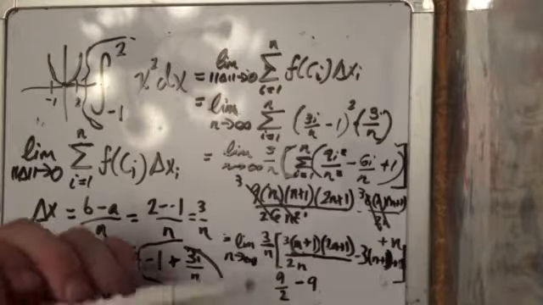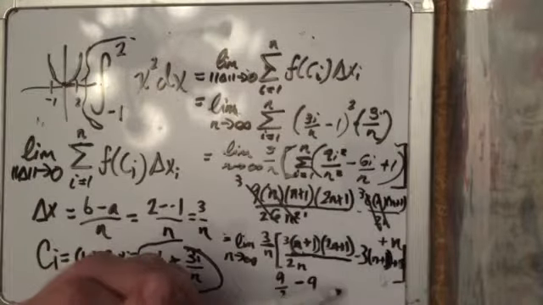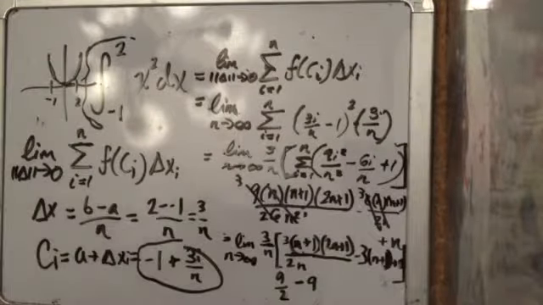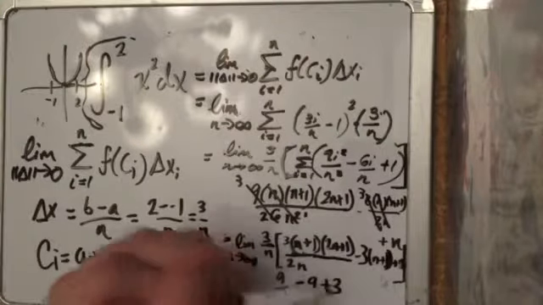And then plus n. So the n's cancel out. The limit is, the n's cancel out, and that just becomes 3.